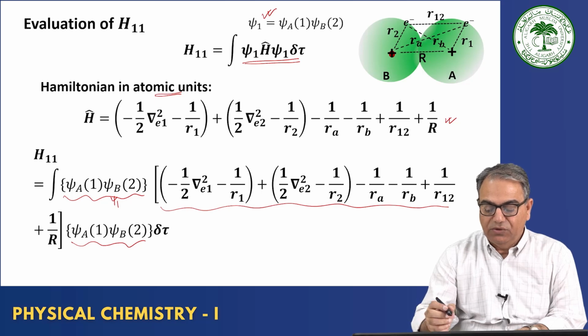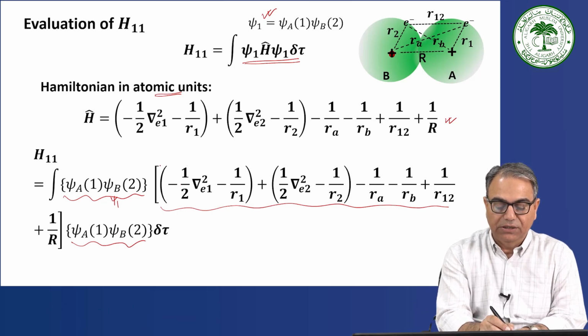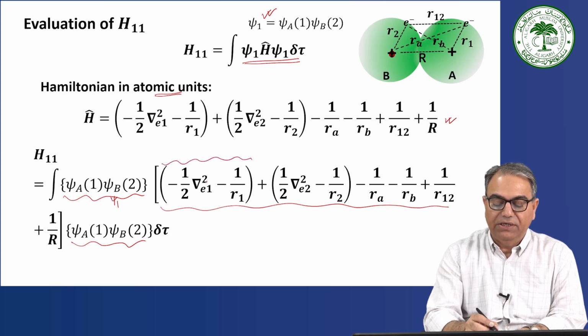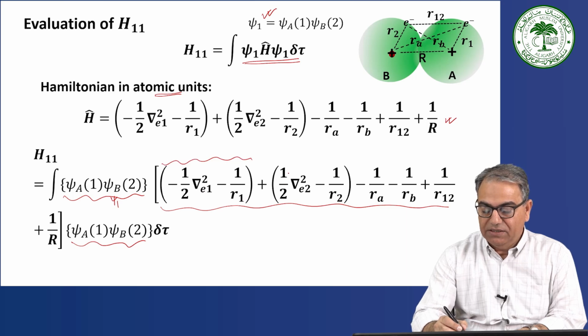Let's first do this. I have regrouped the terms. These two terms of the Hamiltonian, minus 1 by 2 del E1 square minus 1 over R1, and again within a bracket, minus 1 by 2 del E2 square minus 1 by R2.